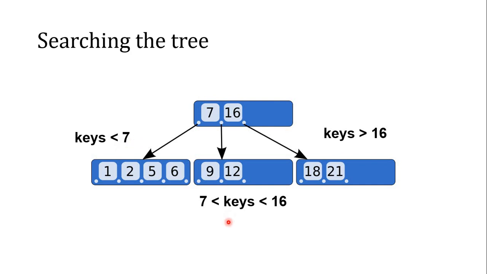As the pointer starts between 7 and 16, the keys are always in the range greater than 7 and less than 16, and the values in this node are greater than 16 as it is the right hand side of 16.